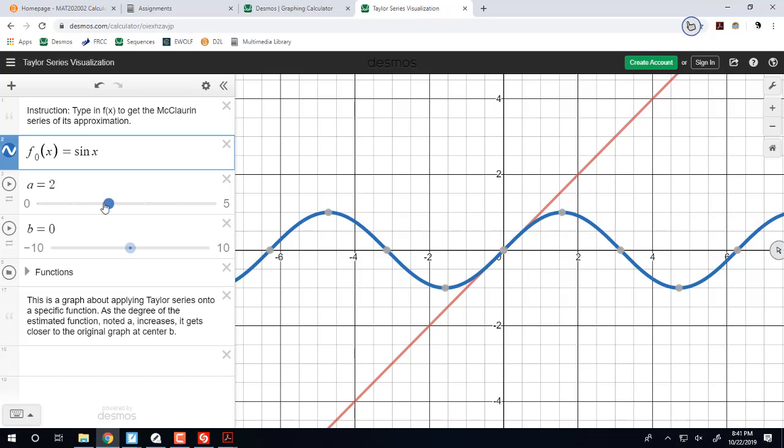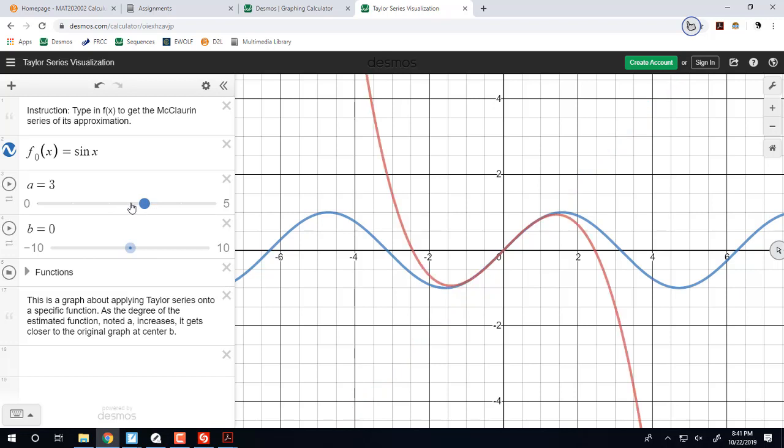But if we increase that to the second degree polynomial, the sine is an odd function, so it wouldn't be approximated by an even polynomial. It's only when we get to the third degree. Now we see sine is a little bit better approximated by this cubic polynomial, and even better approximated by this fifth degree polynomial.